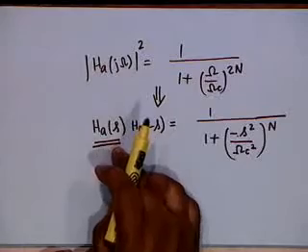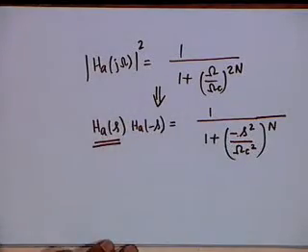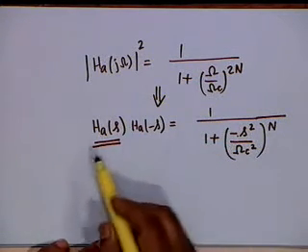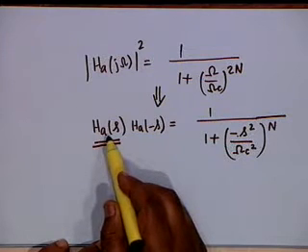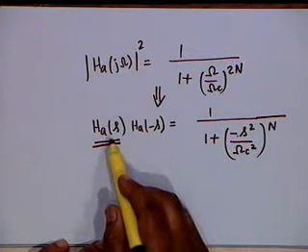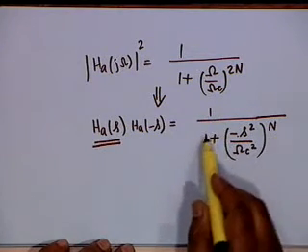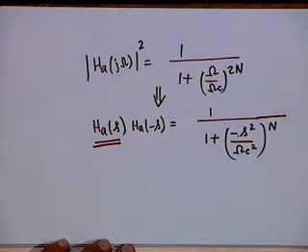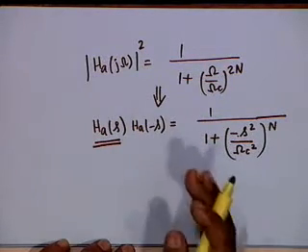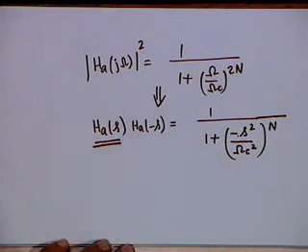That is the definition of an analytic function, and HA of S satisfies the conditions of analyticity. And therefore, what we require now is to find, you see there are two transfer functions, one is HA of S, one is HA of minus S, and therefore we must find all the factors of this and assign half of them to HA of S and the other half to HA of minus S.